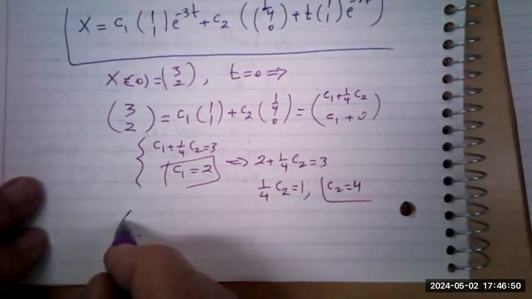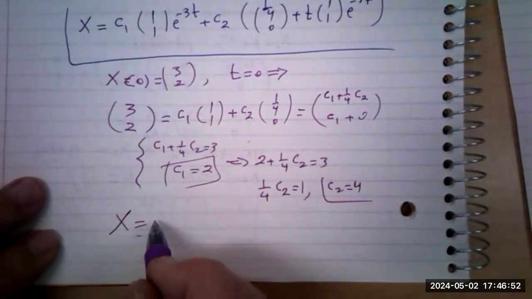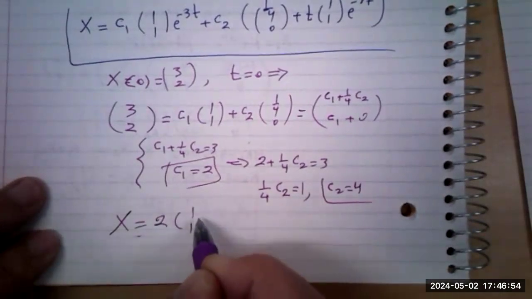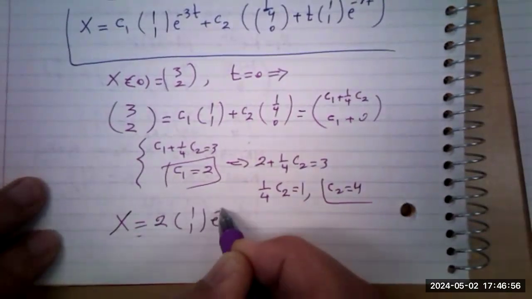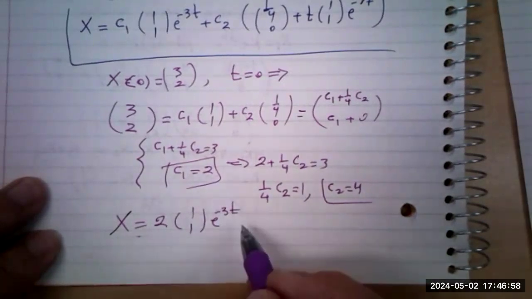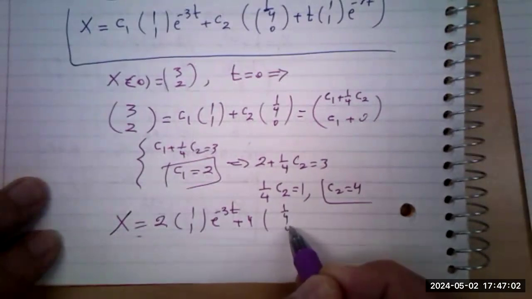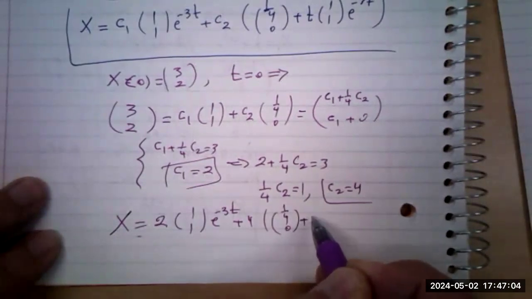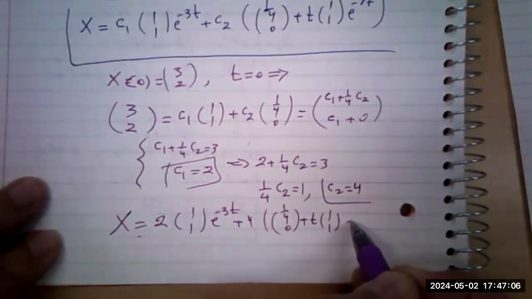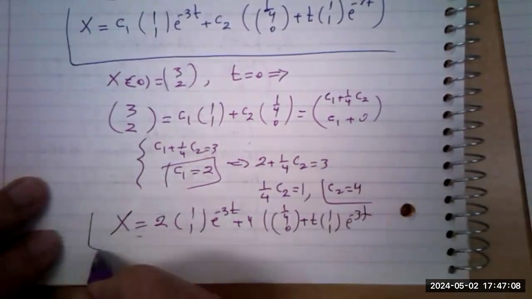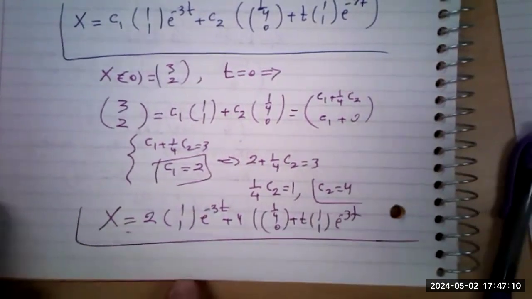Okay, so the final answer: x equal to 2 times 1, 1, e to the -3t, and C2 is 4, so plus 4 times quarter 0 plus t 1, 1, e to the -3t. Take a look at this one.